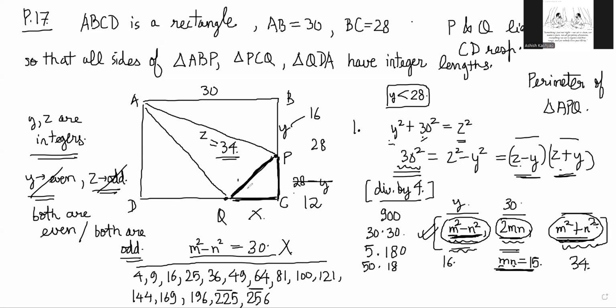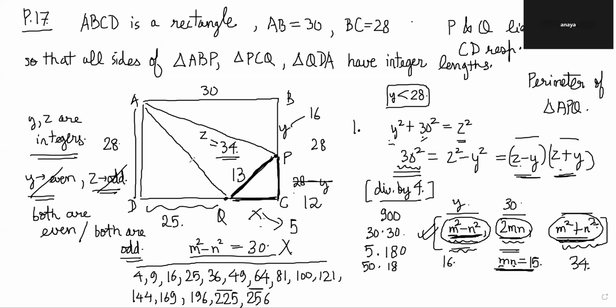So one option is this is 5 and this is 13. And if this is 5, this becomes 25, and this is anyway known as 28. Then 25 and 28 square, you can calculate and find whether this is a Pythagorean triplet or not. Or you can again do the same thing here, use this characterization.